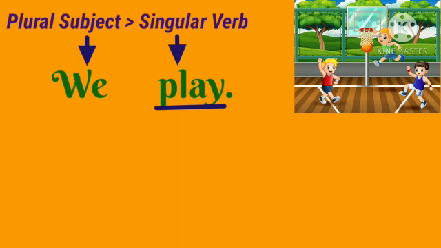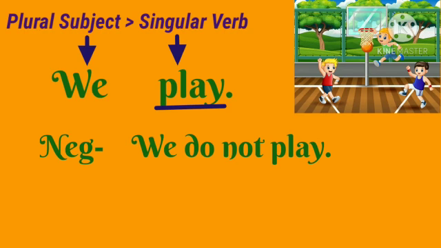You have learned also how you can convert it into negative form. Only after the subject, do not will be added in order to make it negative. So let's have its negative form. We do not play. As you can see, only do and not are added here after the subject.